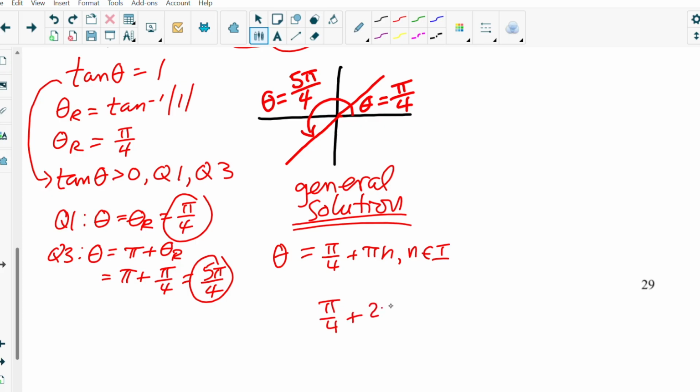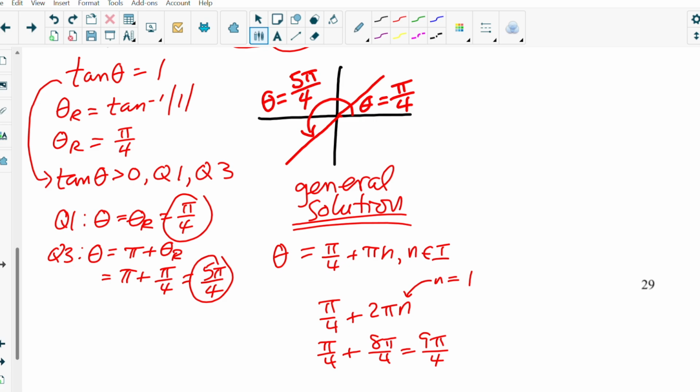Just be careful here: what if instead I said 2 pi n? Let's see. Pi over 4 plus, let's say for n equals 1, 2 pi, which is 8 pi over 4.